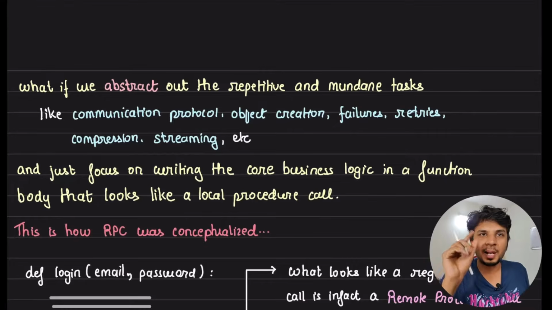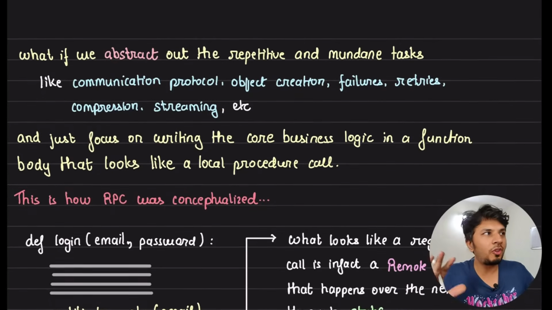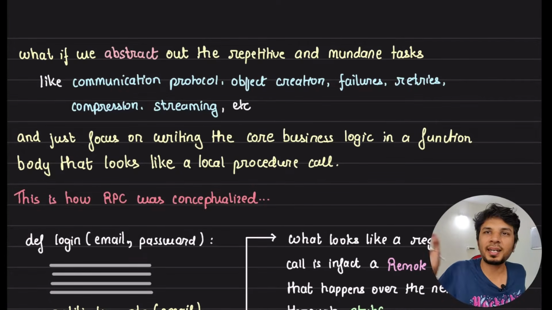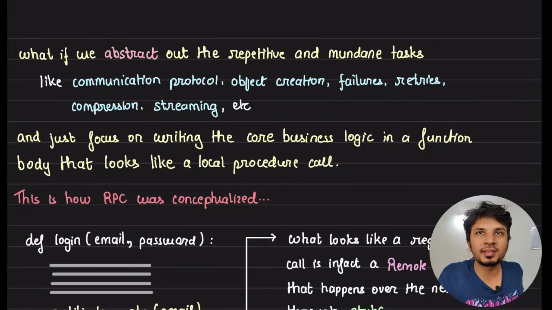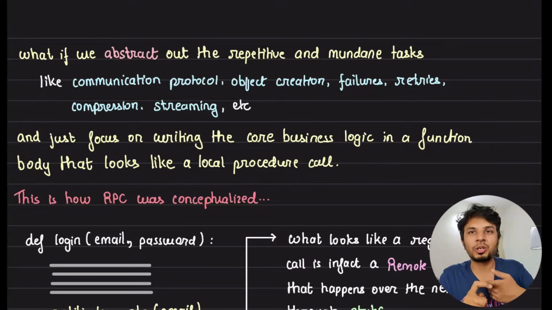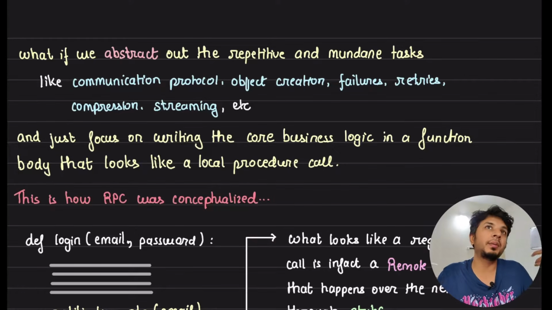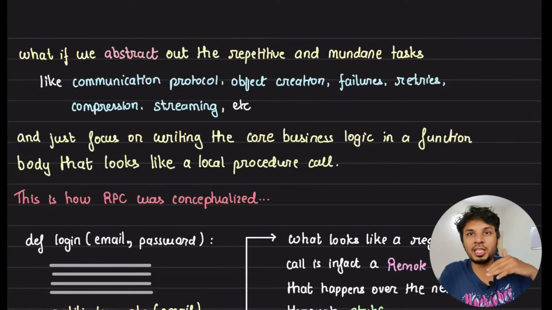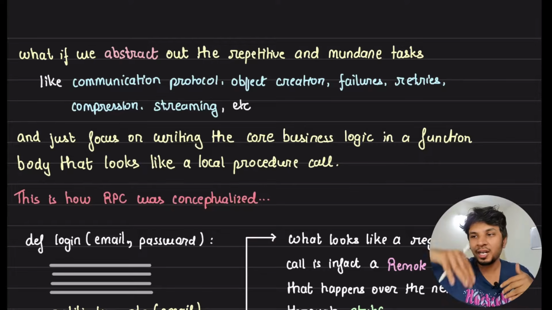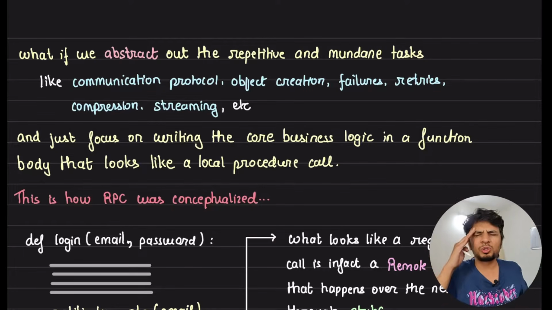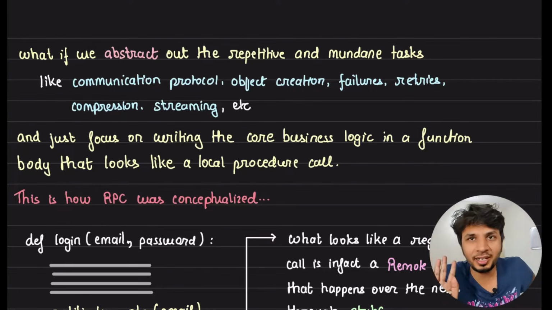Which is where RPC comes into the picture. So what if we abstract out the repetitive and mundane tasks like communication protocol? I don't want to use TCP, I want to use, let's say, UDP. But when someone says, no, I want to use TCP but with HTTP 1.1 or HTTP 1.2, there are so many choices to make, right?